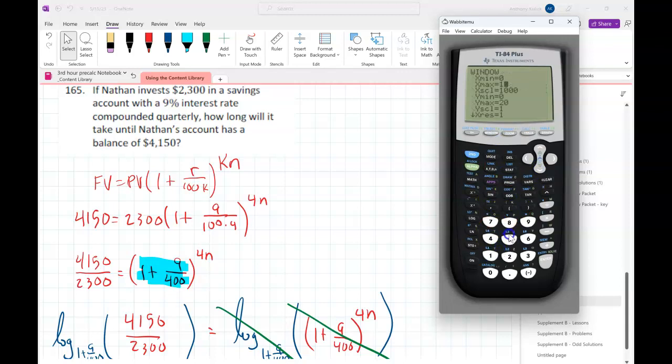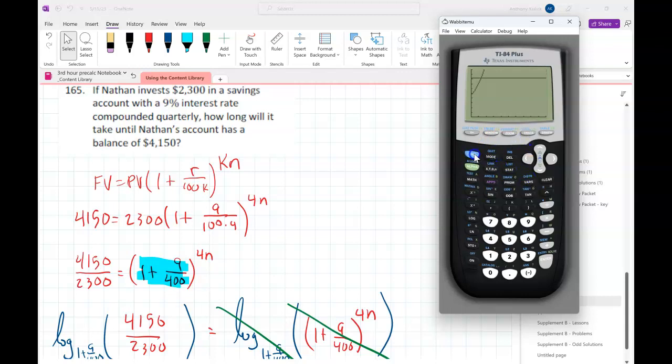Let's do 50. Let's see, so there's that. No, that looks like it's going to be around 6 then. Okay, so we did something wrong there.